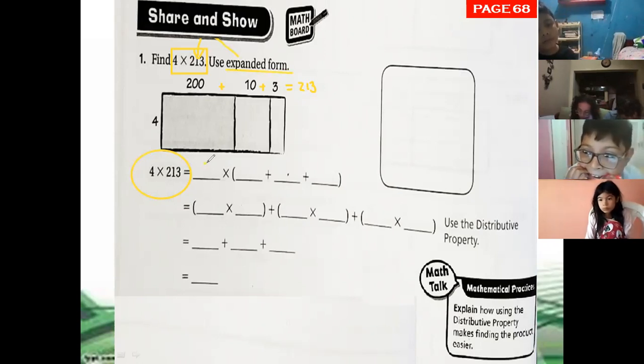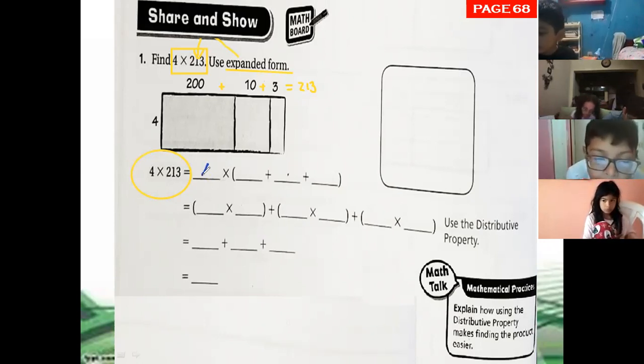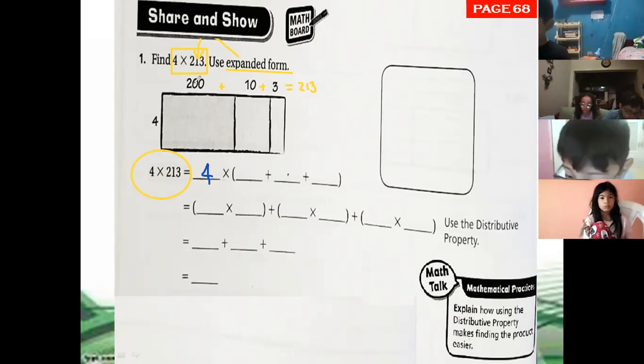What is the number that I am using in here to multiply? Number 4, right? Yes. Okay. I'm going to write number 4 in here, Sophie and Lauren. And you see these parentheses and the plus symbol, it means that I'm going to write this number and this number there.